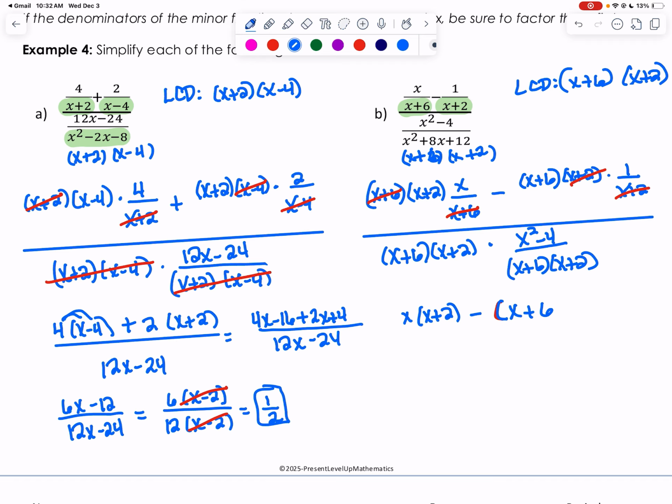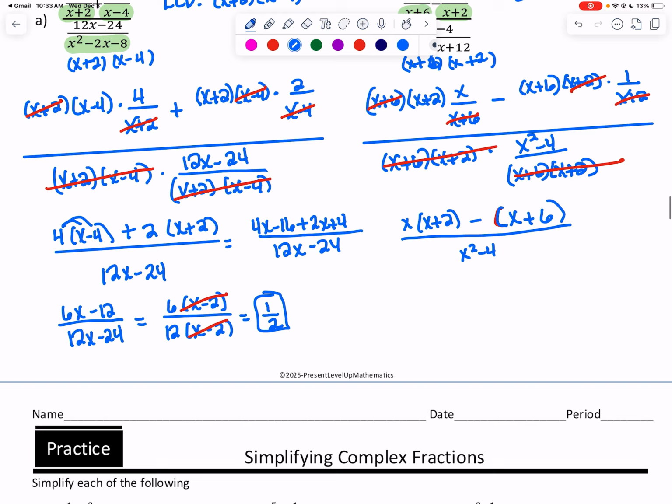Now, the parentheses are very important here because this is subtraction. If I don't put the parentheses, you're going to think that you're only subtracting the x, but we want to subtract the x and the 6. That's why I'm using parentheses. All right, on the bottom, oh, isn't this nice? All of that canceled with all of that, leaving me x squared minus 4.